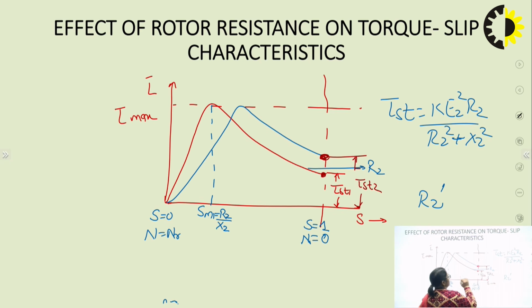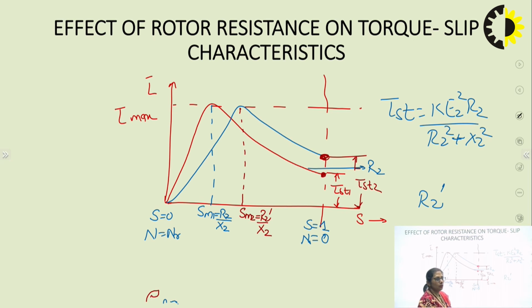Now this is an increased value. What about the maximum torque? The magnitude is remaining the same, but the slip at which we were getting the maximum torque has increased. Now the maximum torque would occur at some R2 dash by X2. As R2 has increased, the slip at which the maximum torque occurs will also increase.